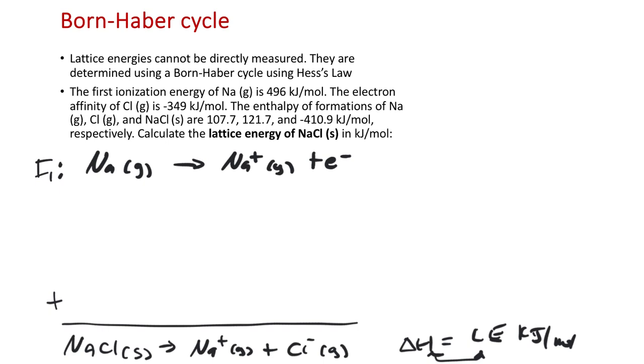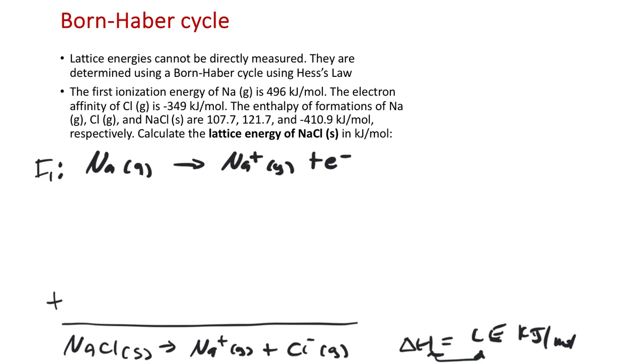Now from chapter 7, where we were talking about ionization energies, all the ionization energies were for gaseous atoms. We may have forgotten that or not realized, but all the ionization energies that we saw, and all the electron affinities, were for gaseous atoms undergoing those changes.